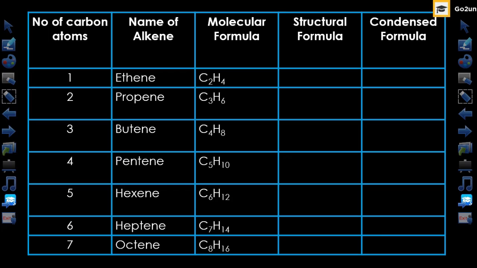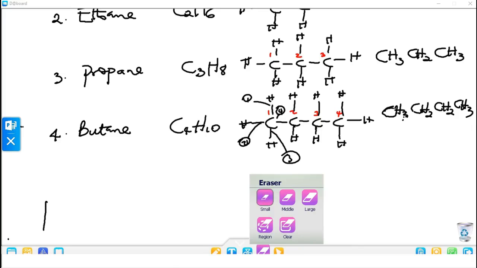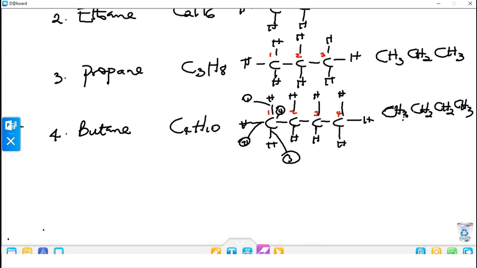Let us take a look at their structural and condensed formulae, just as we did in the alkanes.